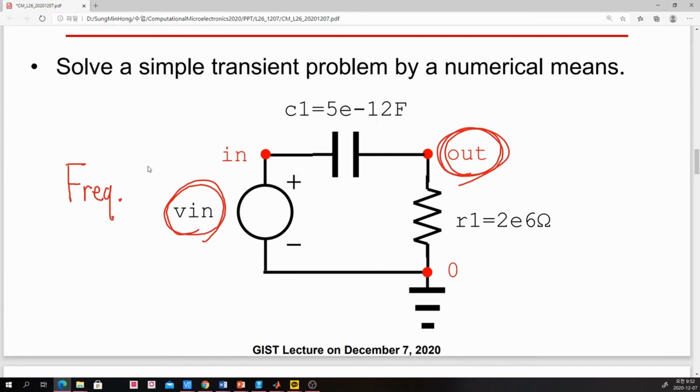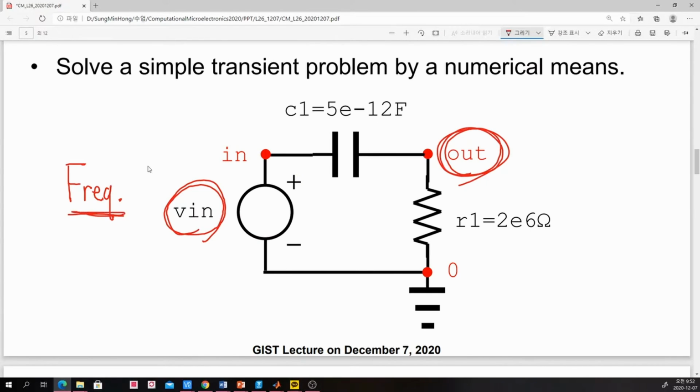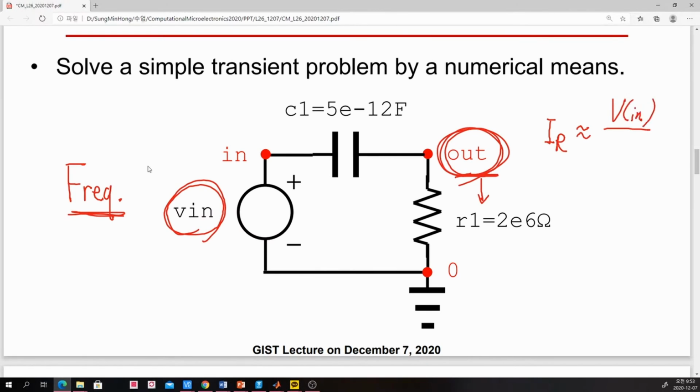So IR will just become your input voltage divided by your 2 mega ohm. That will be one extreme case.